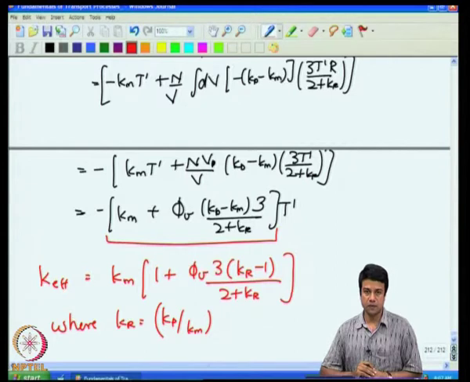From that we were able to calculate the conductivity. It turned out to be quite simple. The original expansion that we had was for n equal to 0 to infinity, an infinite number of terms. However, we found that in this particular case only the term with n equal to 1 was non-zero. All other terms were identically equal to 0.